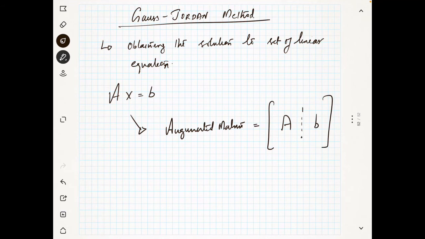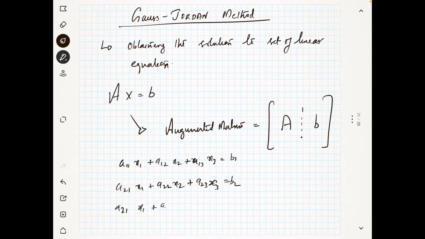But you know that, for example, if I consider an equation, a11 into x1 plus a12 into x2 plus a13 into x3 is equal to b1. Okay, a21 into x1 plus a22 into x2 plus a23 into x3 is equal to b2. a31 into x1 plus a32 into x2 plus a33 into x3 is equal to b3.